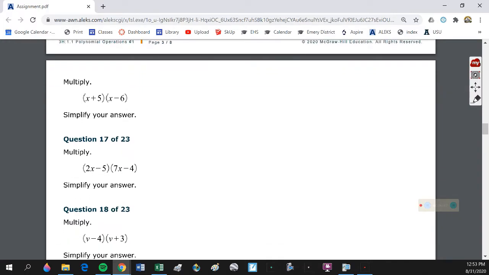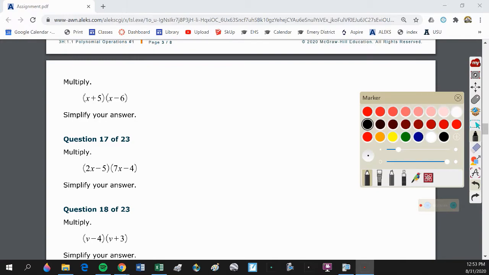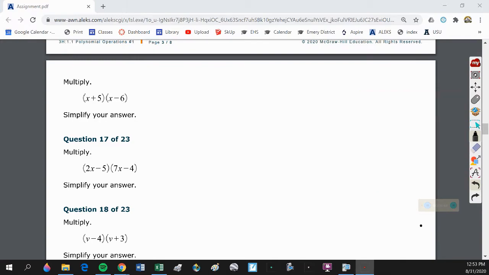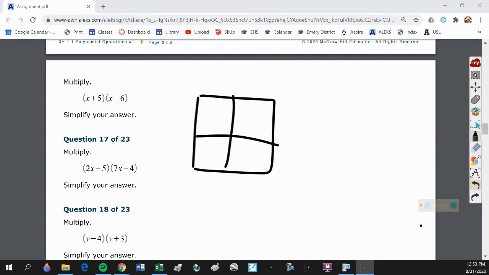So let's do 17. How do we multiply out number 17? So some of you like the box. I'm going to show you how to use the box because it's going to be helpful when we factor. And for something simple like this, you might be able to do it in your head. But for the more complicated ones, I highly recommend you use the box because it's hard to make a mistake if you do. So we put one factor on one side, and then the other factor on the other. And then we just multiply the row and column to equal this square here.